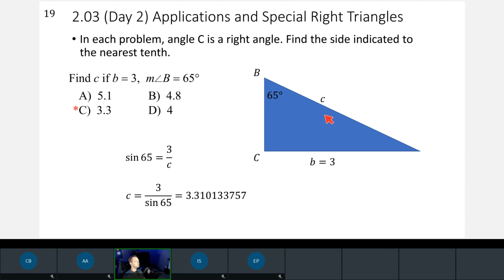I left out angle A because we're not actually using it. I'm going to go ahead and write it in though, because I think some of you are probably freaking out right now. You can't see it. So this is angle A, and this would be side A.